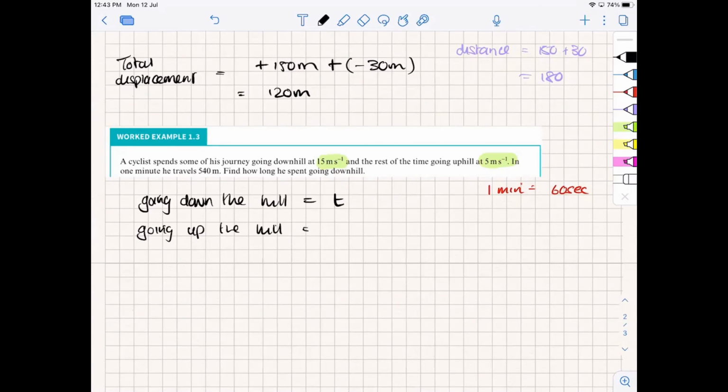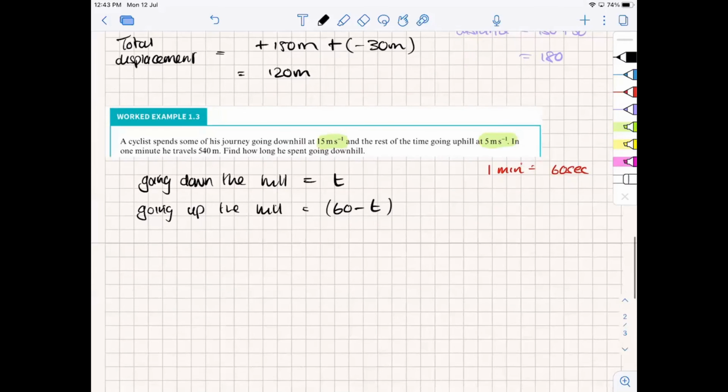Well, if it's 60 seconds in total, if he's going down the hill for t seconds, then he's going up the hill for 60 minus t seconds. Now we've got an equation we can use. Yeah, from here now we can solve.